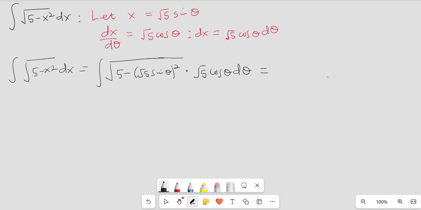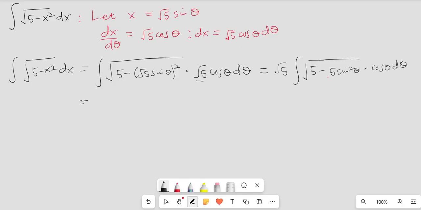This simplifies to, this is a constant, it comes in front, the integral of the square root of 5 minus the square root of 5 squared, which is 5, times sine squared theta, times cosine theta d theta.